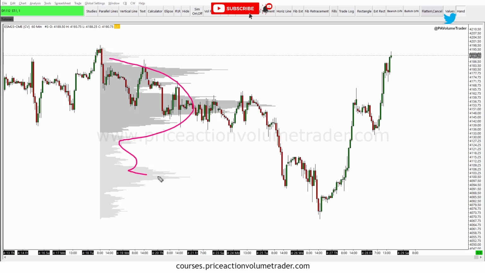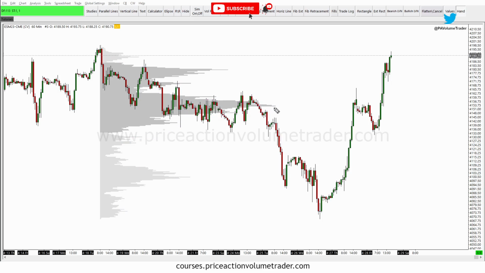This is a volume-based profile, meaning this measures the total number of contracts executed at each price level. It doesn't matter if it's to buy or to sell. It's just adding up all total volume of contracts, and the more trading contracts at each level, the more extended this profile is going to be.